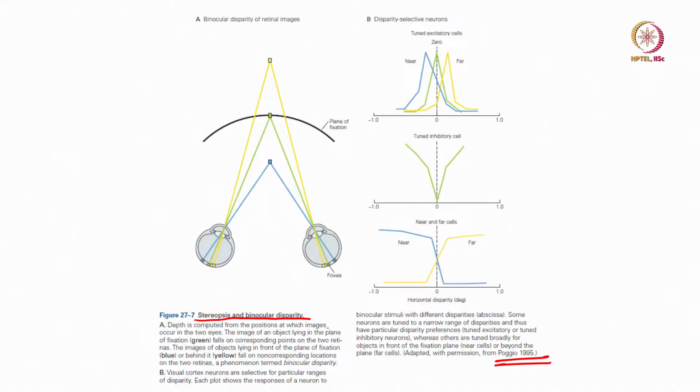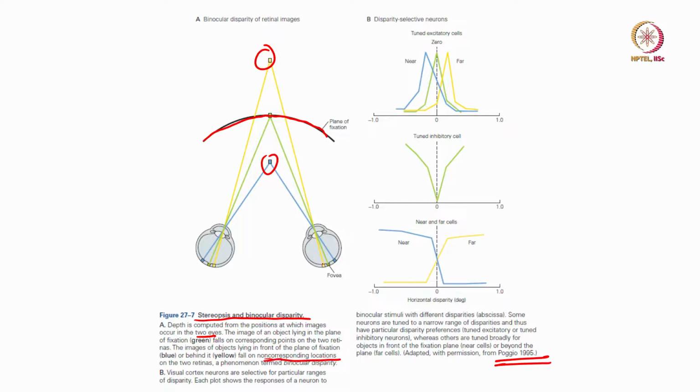So, depth is computed from the positions in which images occur in the two eyes. Two eyes is the key word here. The image of the object lying in the plane of fixation, green, falls on corresponding points of the two retinas. You have a plane, which is the focal length for the retina at that given point of time. The images of objects lying in front of the plane of fixation, blue, or behind it, yellow, fall on non-corresponding locations.